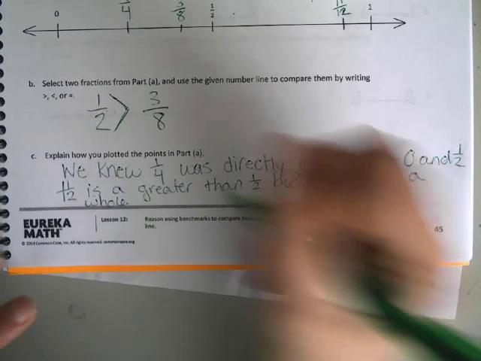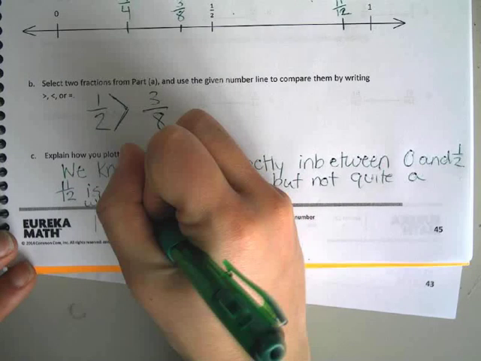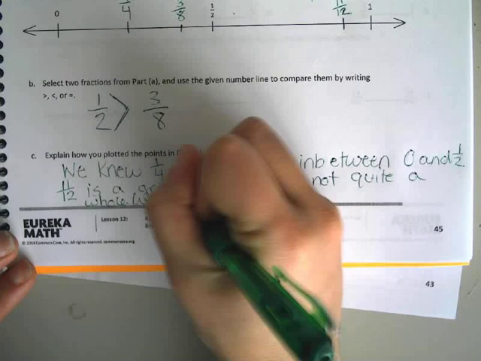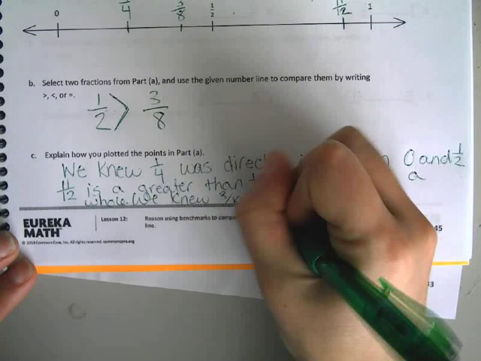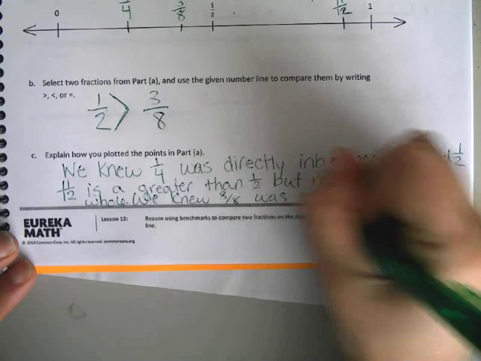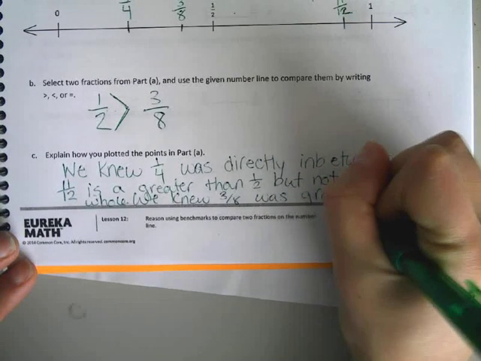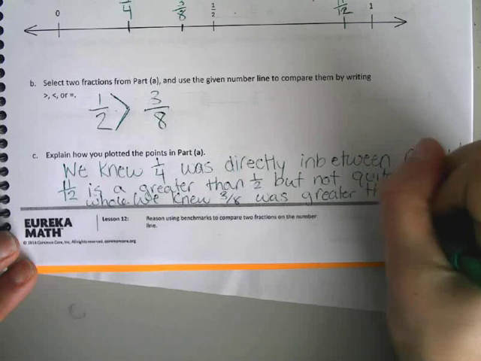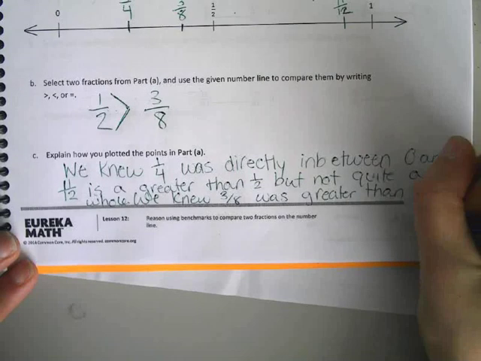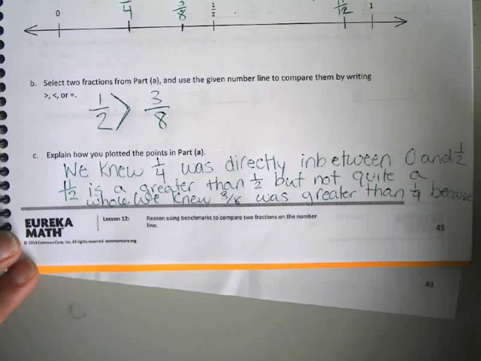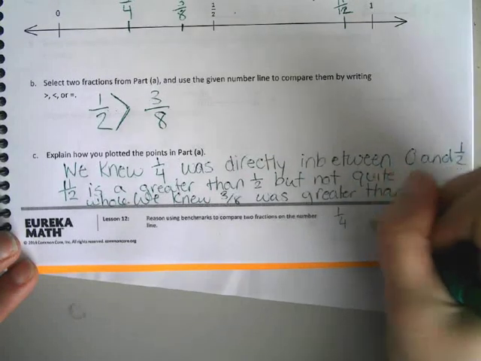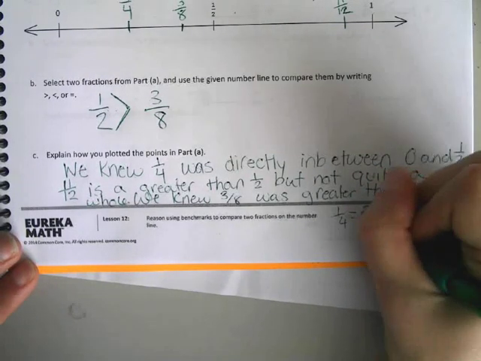So let's say we knew 3 eighths was greater than 1/4 because 1/4 is equal to 2 eighths.